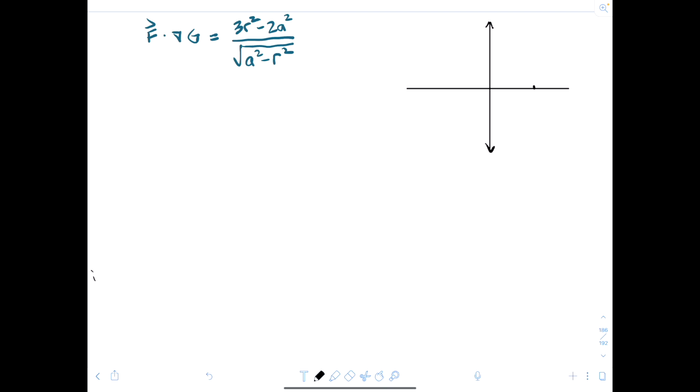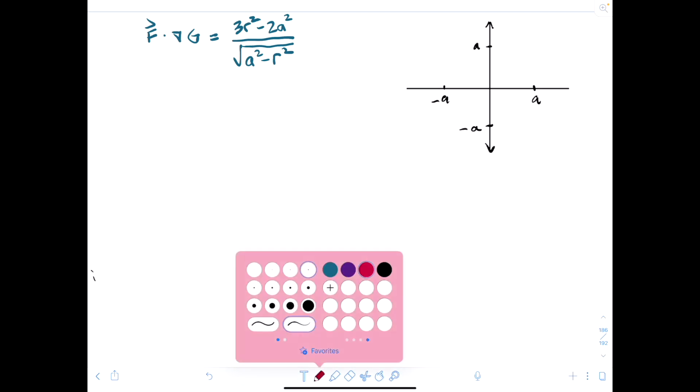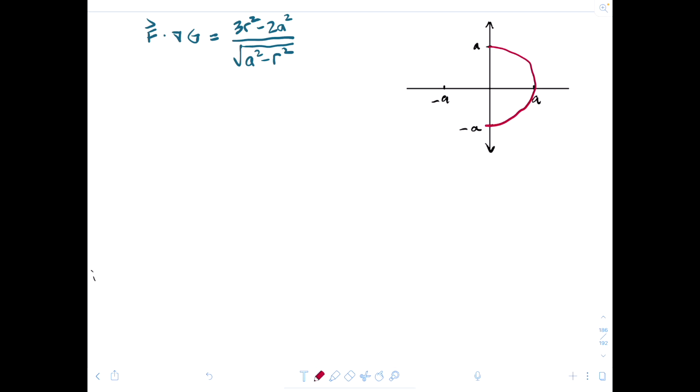So if you just took a look at this as a, and then you made that circle. That didn't work out well. Okay, let's see. Well, I didn't make my scale very well.